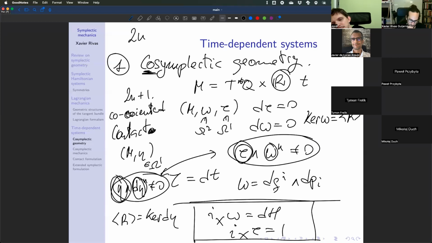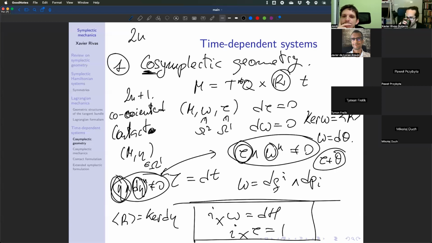If you pick up this form, at least locally, and you add this form to the tau, the one form, you will get a contact manifold. So you can do it in this way. Interesting, so they are related.